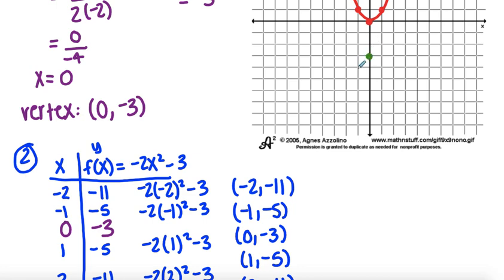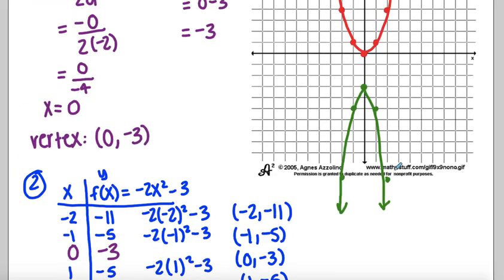And then I have negative 1, negative 5, and 1, negative 5. And then negative 2, negative 11, and then positive 2, negative 11. And so I see I get a graph that looks like this.